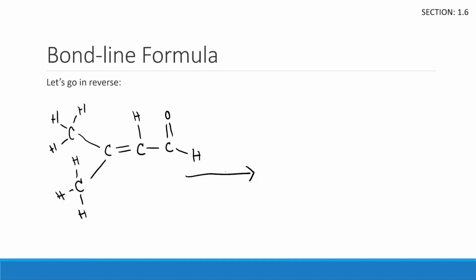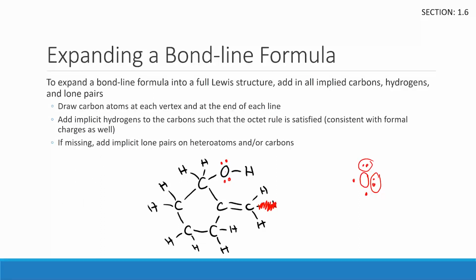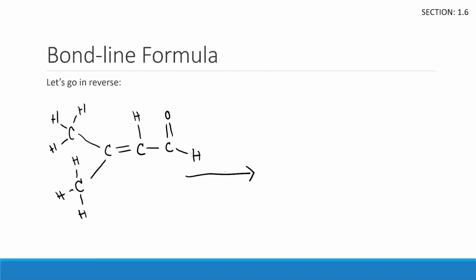Okay, so that was it for our example on expanding a bond line formula. We're going to go in reverse here. So here I have given you the fully expanded formula, and I want to draw it in its condensed form with just the lines. So first of all, I'm going to count how many carbons I have because those are each going to be a point.